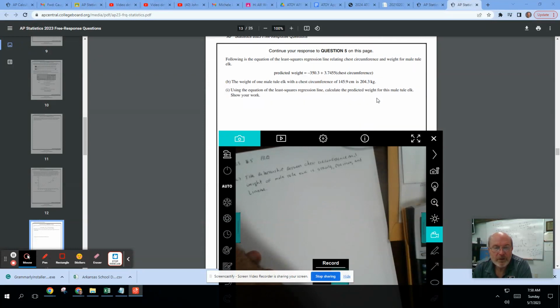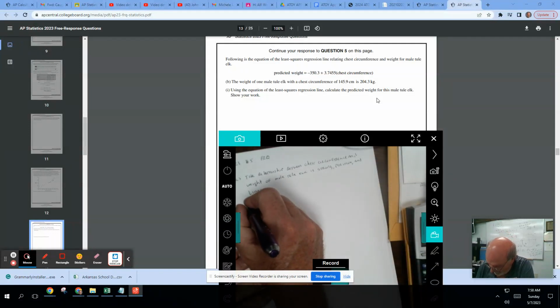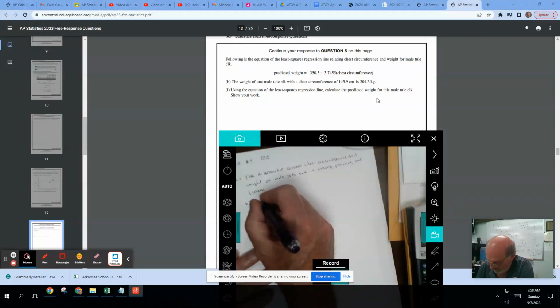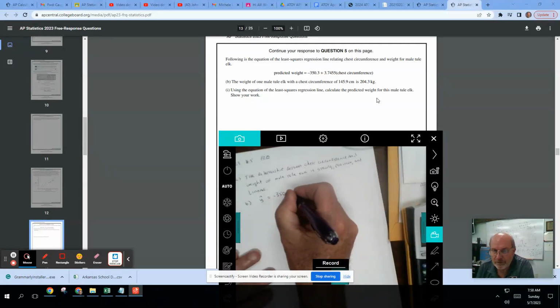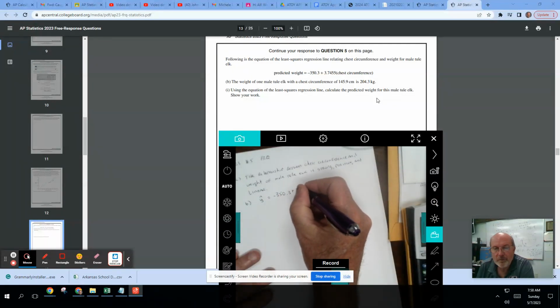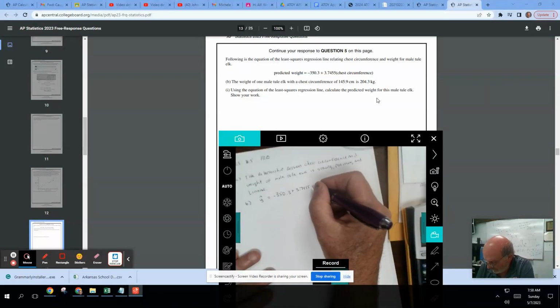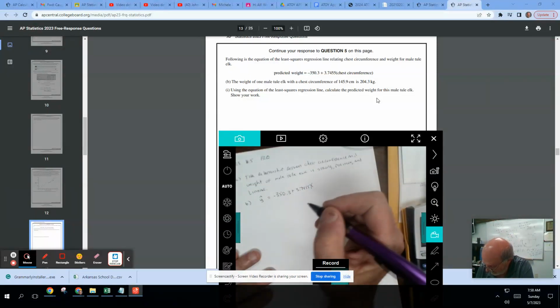All right. So here, part B, the following is the equation of the least squares regression line relating chest circumference and weight for male tule elk. Let's go ahead and write this line. I'm going to go y hat instead of all the words: y hat equals negative 350.3 plus 3.7455 times x.